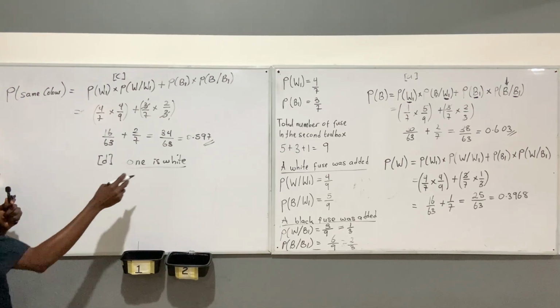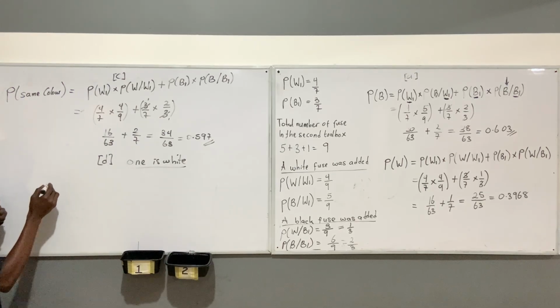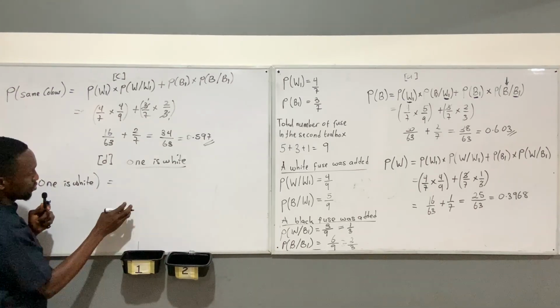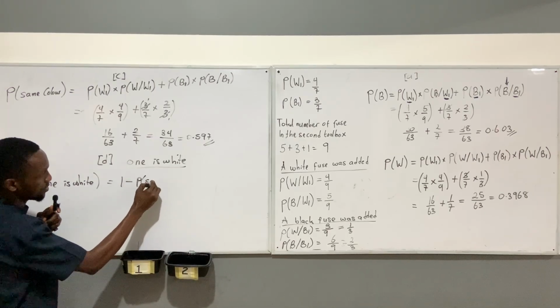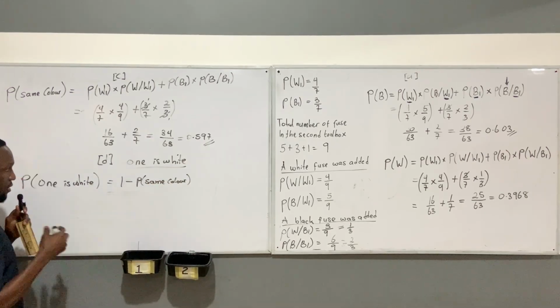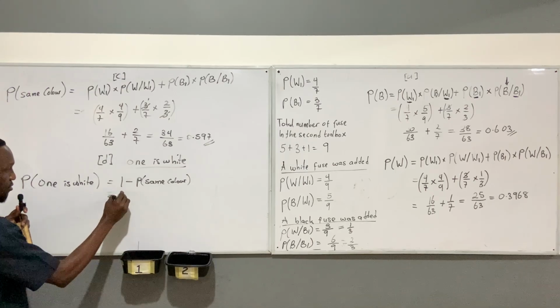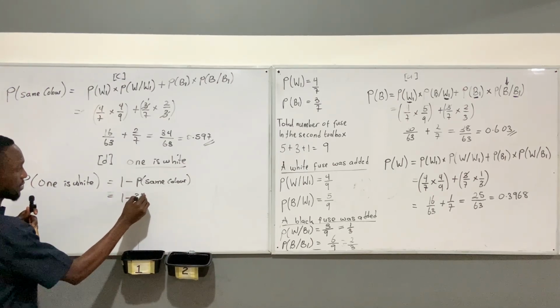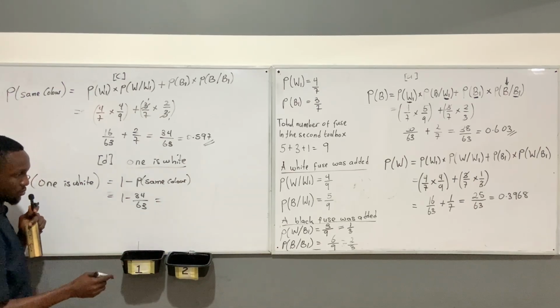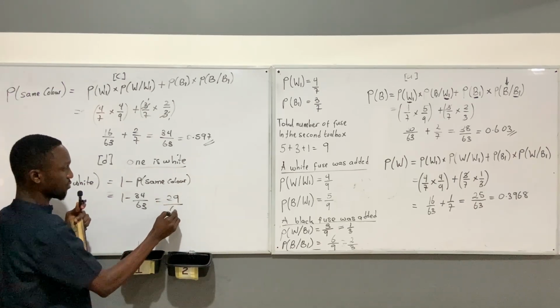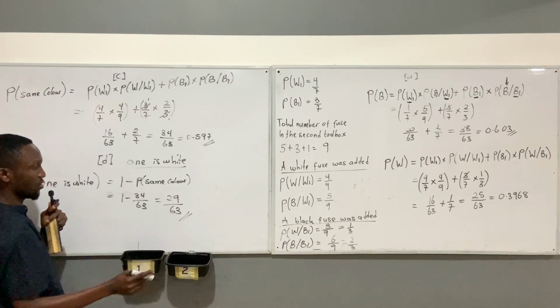So the probability that 1 is white, P of 1 is white, you can solve as 1 minus the probability of the same color. Then we have 1 minus 34 over 63, which gives us 29 over 63. And that will be our answer.